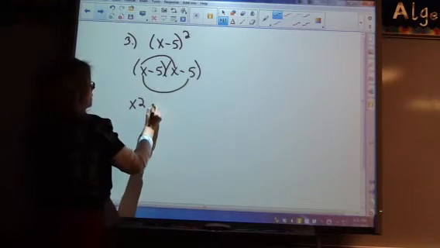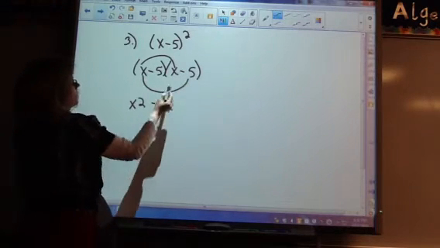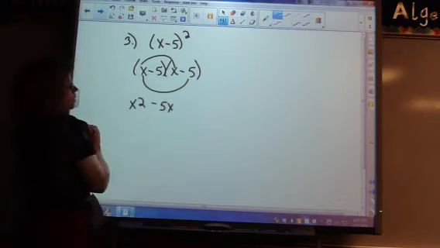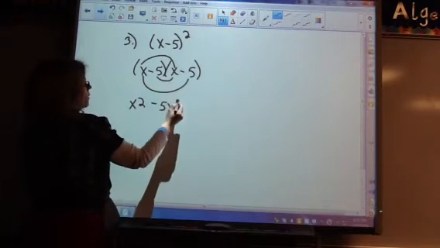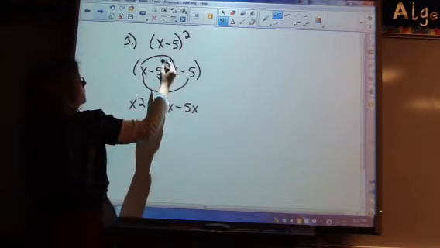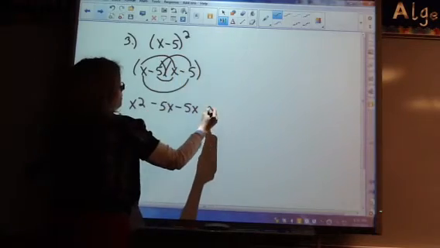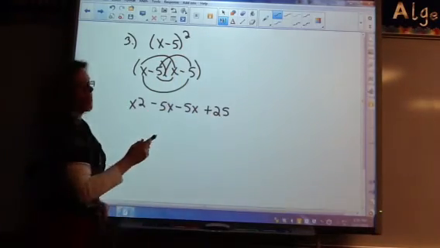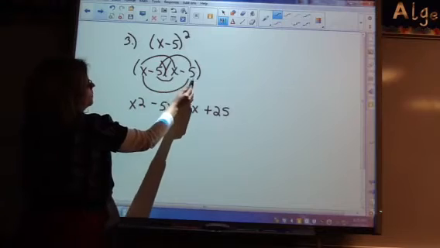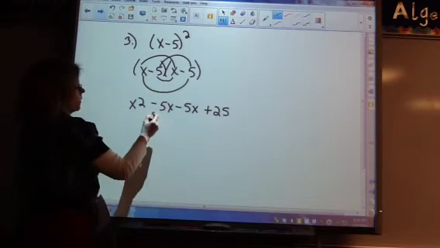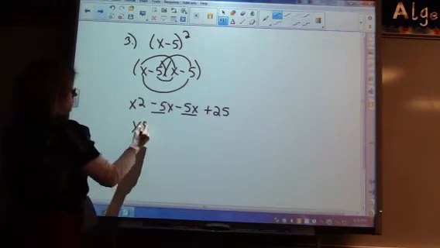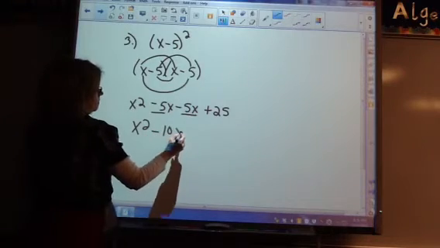Do your outer, negative 5 times x, don't forget that's a negative 5, do your inner, negative 5x, and do your last. And be careful here, that's negative 5 times negative 5 gives you a positive 25. Combine like terms.